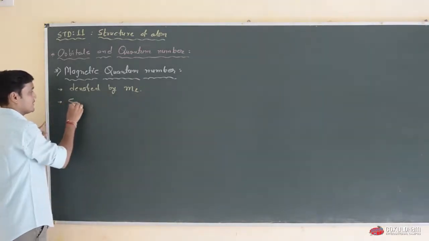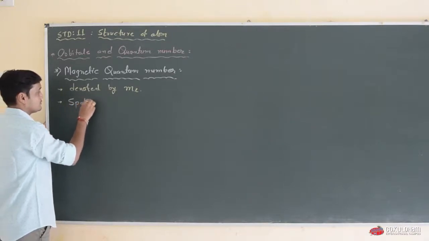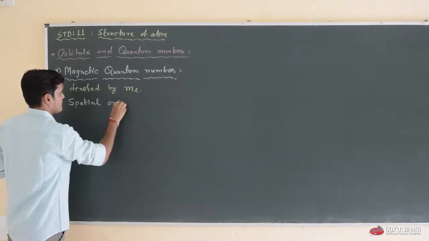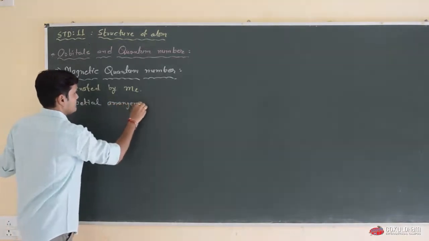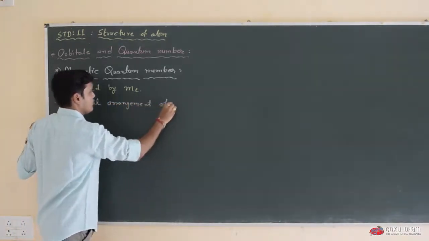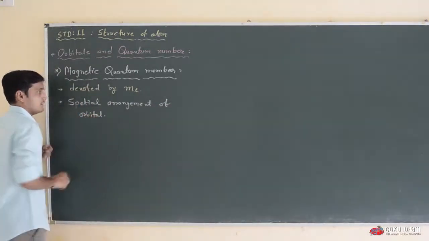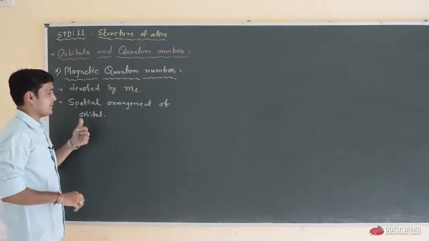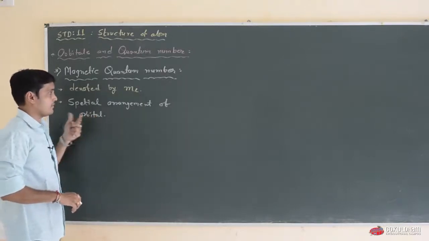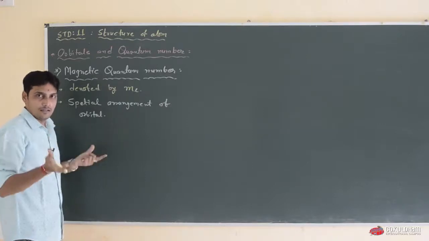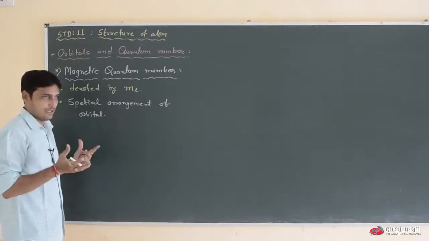This magnetic quantum number gives the spatial arrangement of the orbital. Spatial arrangement of the orbital means the position of the orbital in the sky or in space.